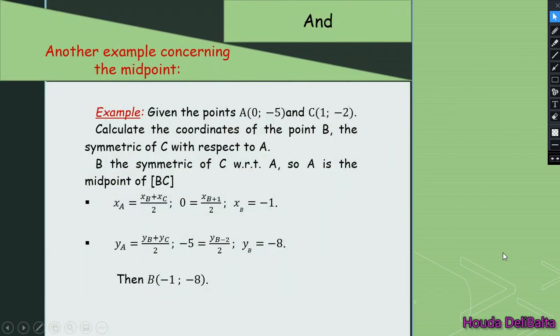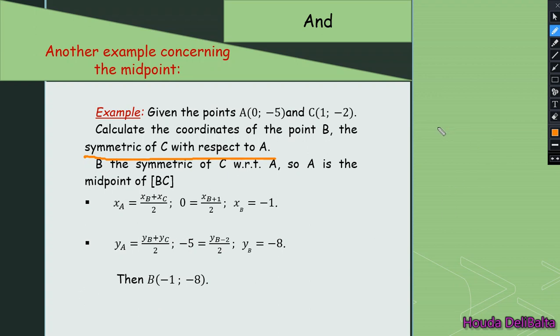And here is another example to make the idea of the midpoint more familiar to you. Given the points A(0, -5) and C(1, -2), I have to calculate the coordinates of the point B. But what is B? B is the symmetric of C with respect to A. Then we are dealing with the principle of symmetry with respect to a point.